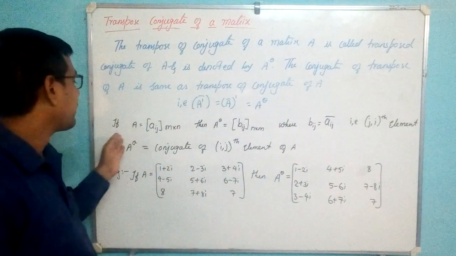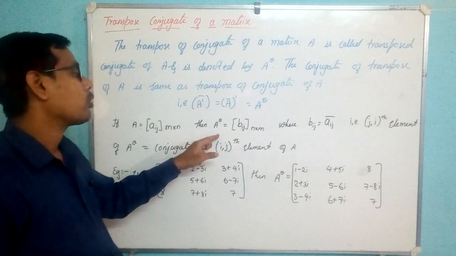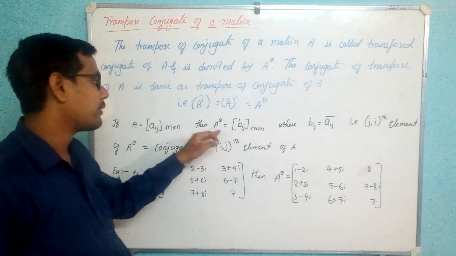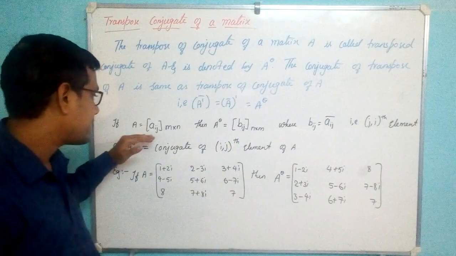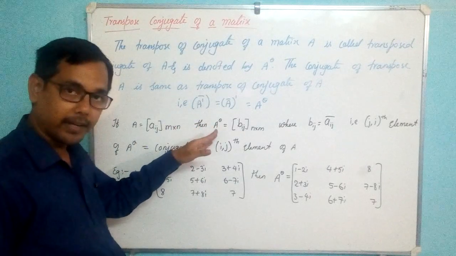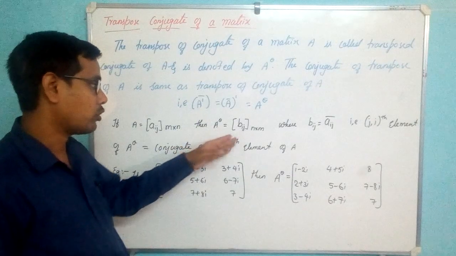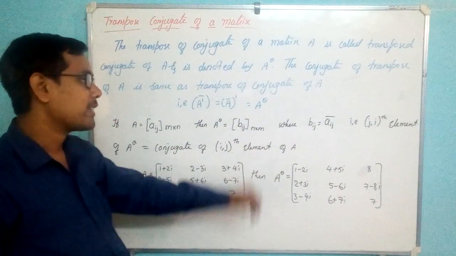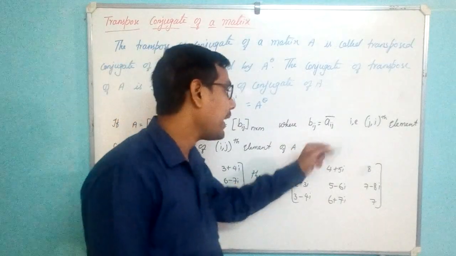So here you can see, if A is equal to Aij, an m cross n matrix, and then the complex transposal conjugate, let it be Bij, n cross m, right? If A is Aij and A to the power theta, the transposal conjugate, is Bij, n cross m, where Bij will be what?